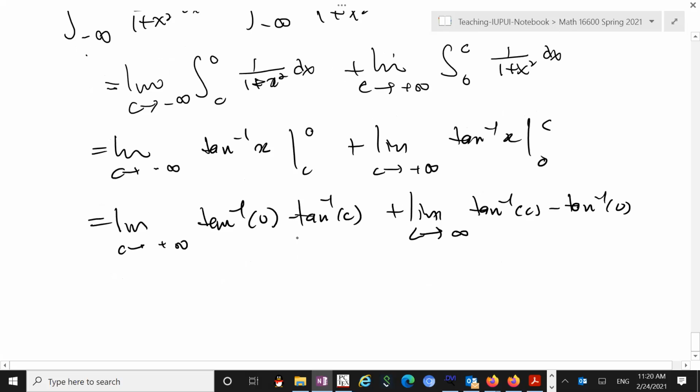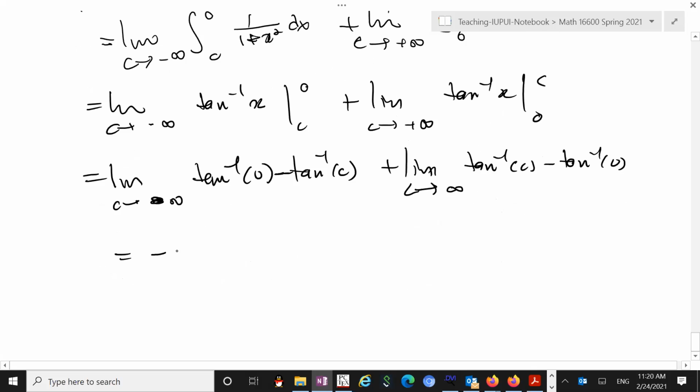And how about this term? When c approaches negative infinity, the limit is going to be negative pi over 2. And plus, here's a positive pi over 2. So the answer is pi.